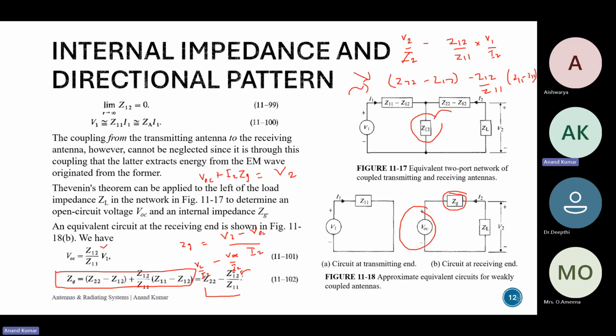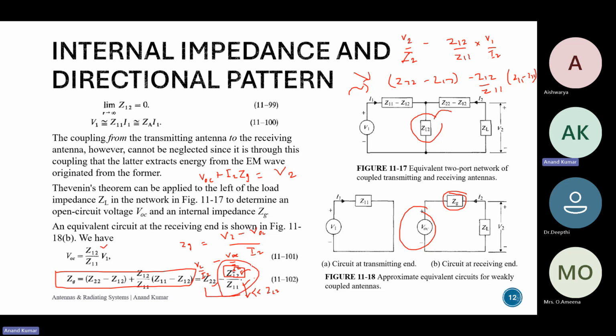And since this Z12 is very small as compared to Z11 or Z22, this fraction is much smaller than Z22, and again this fraction is squared, so it is very small.